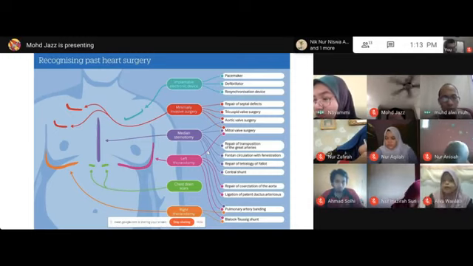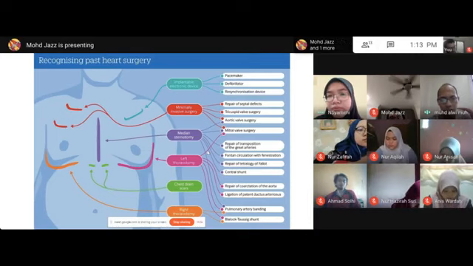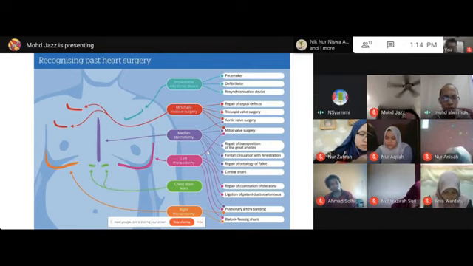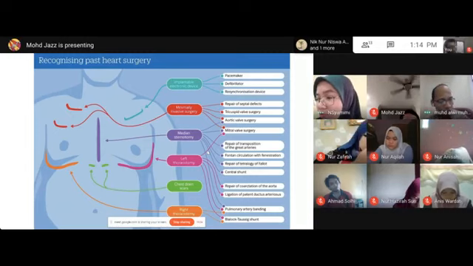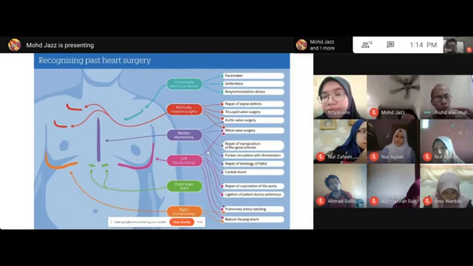Glenn and Fontan, like you mentioned, are for those with single ventricle. Anything with single ventricle, you do Fontan and Glenn. Glenn, actually I wrongly mentioned just now about the BT shunt. It is not a connection between the vena cava and its branches to the pulmonary artery.